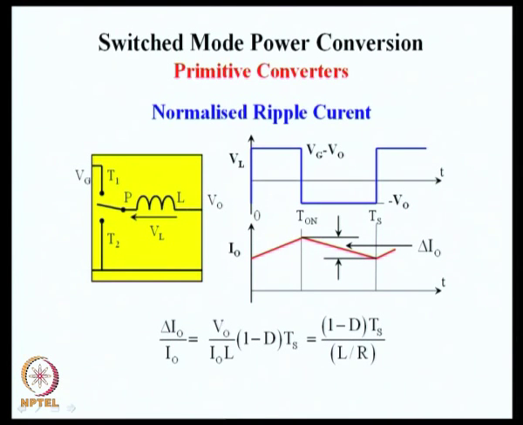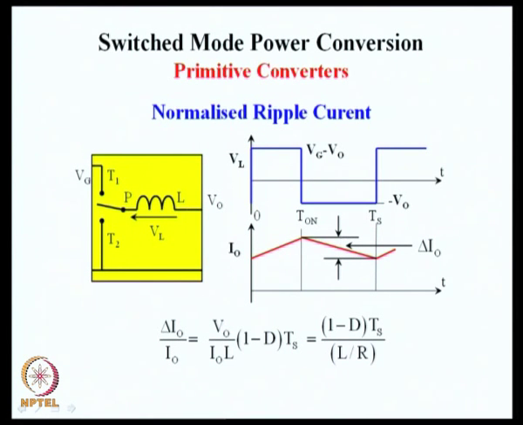Now, this can be put in a normalized form, because delta I naught by itself may not be of great use to us, but we might try to get a ratio, delta I naught as a function of I naught.